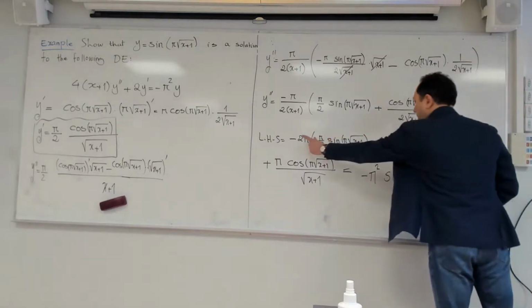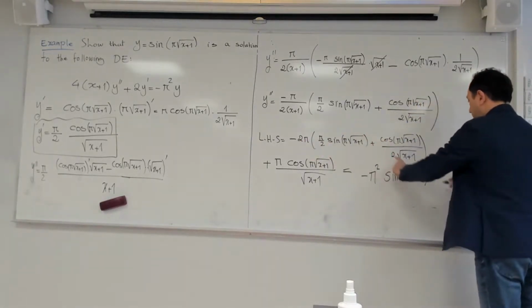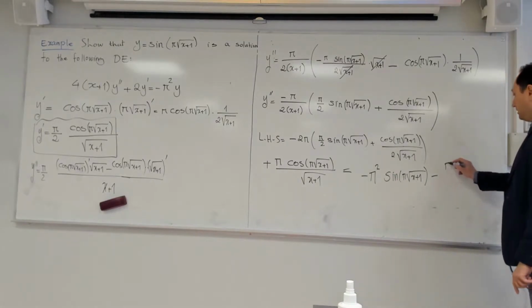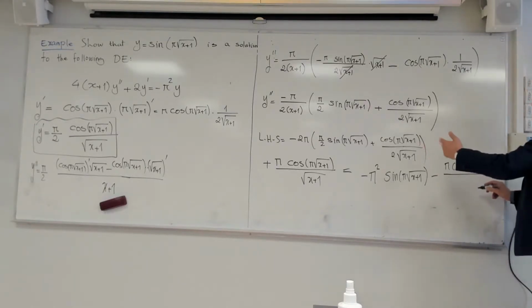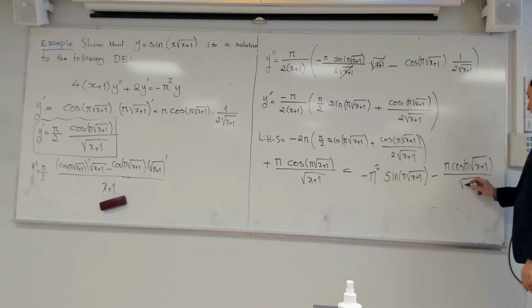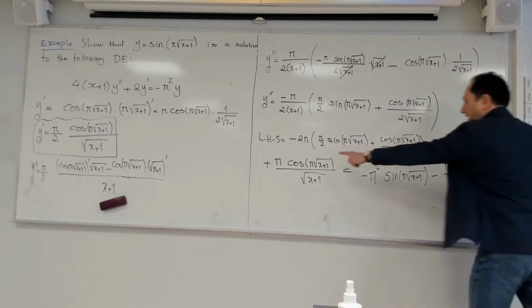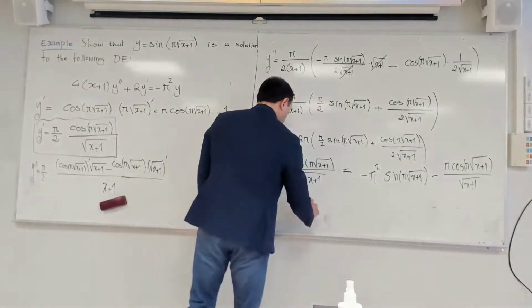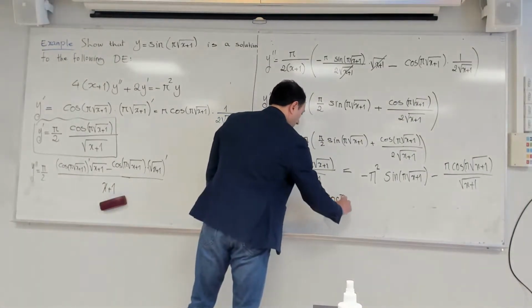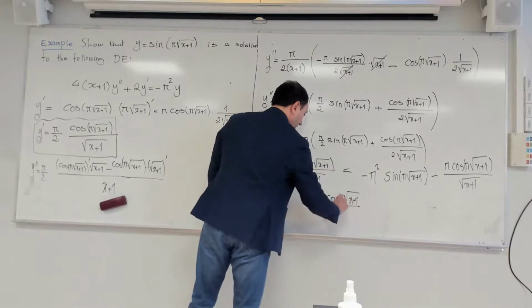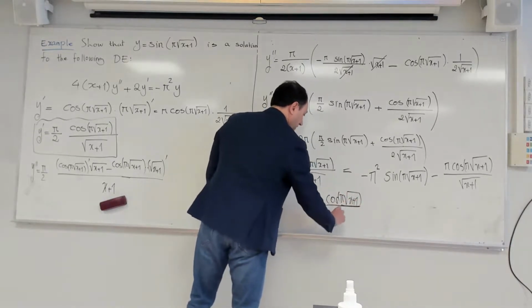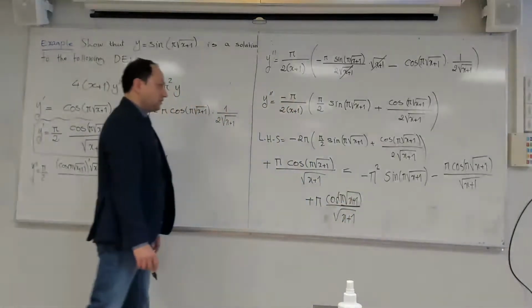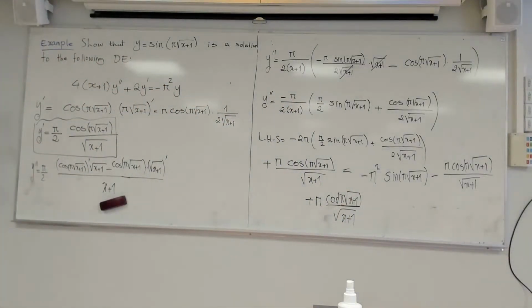And then I multiply minus 2 pi here. 2 and 2 are cancelled, so it becomes minus pi cosine pi square root of x plus 1 divided by square root of x plus 1. Yes? And then I have this one. Yeah, we are done actually, so yeah, good. So this becomes cosine pi squared. These are cancelled actually. So I was worried a little bit about my calculation here, but this is correct. So yeah, I want to wait for you. Do you catch up with me here now?